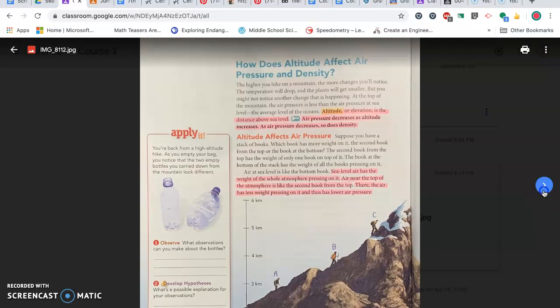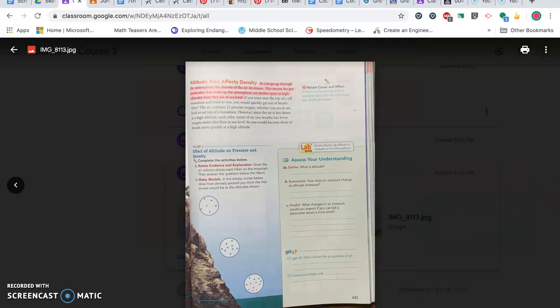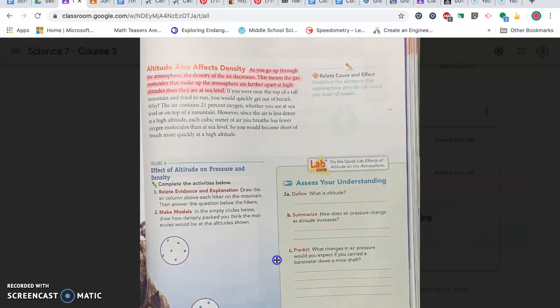All right, the second relationship with altitude has to do with density. So as we go up, the density of the air is also going to decrease.